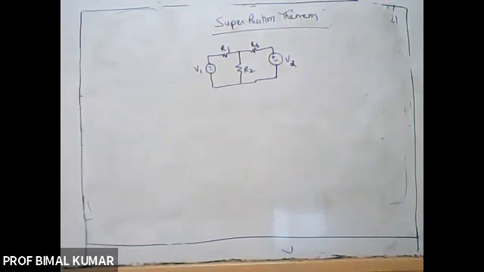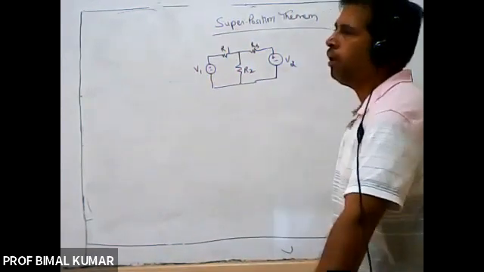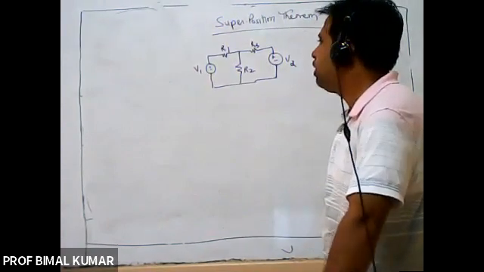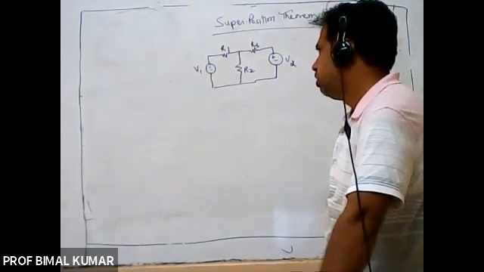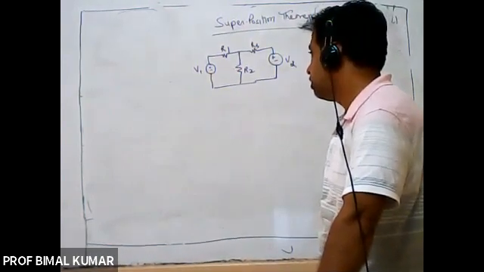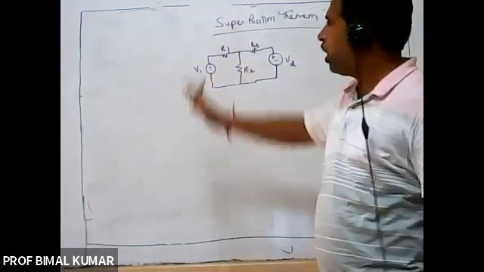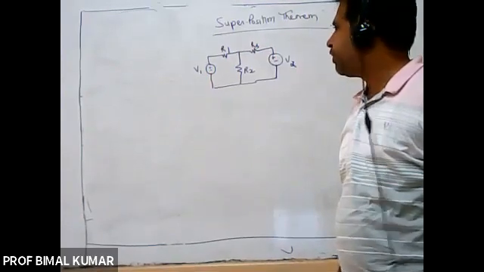So first of all, this network consists of resistive elements. Resistive elements are bilinear elements. Bilinear means current will be flowing in both the directions, either in clockwise or in anti-clockwise, right?